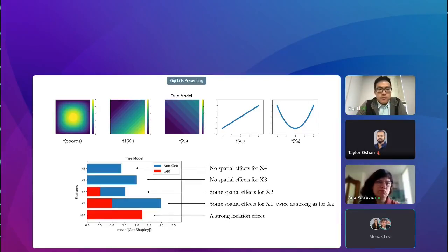For the first three there is some geospatial effect, and for the first one there's just location itself. But you will also find that by design, the spatial effect for the second covariate is twice as weak as the first covariate. So this can be identified from this Geo-Shapley explanation and also this feature attribution plot.